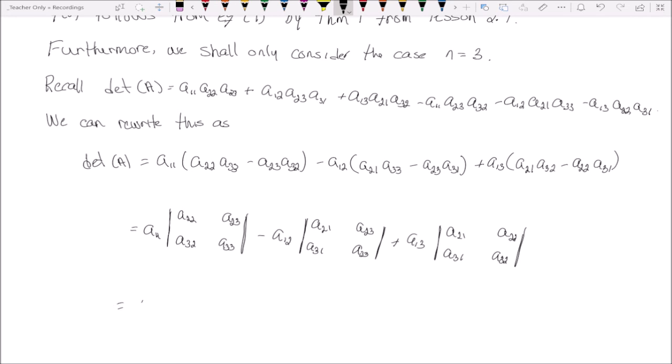Right? But if you look at this first determinant, isn't that the 1,1 cofactor? Then we have plus A12 times the 1,2 cofactor plus A13 times the 1,3 cofactor.